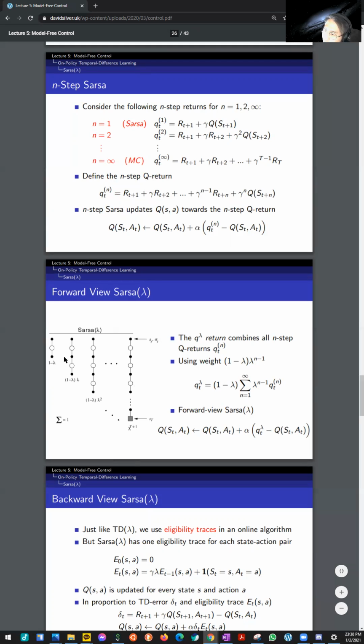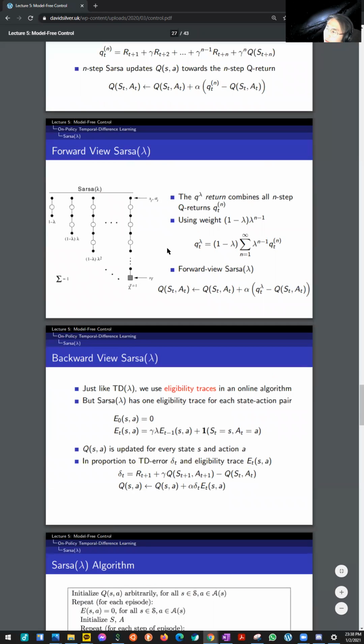But when lambda is 0, the n-step will no longer have any power, and only the one-step SARSA, the most naive one, will have a weight. So as we tweak lambda, we're oscillating somewhere in between SARSA and Monte Carlo.